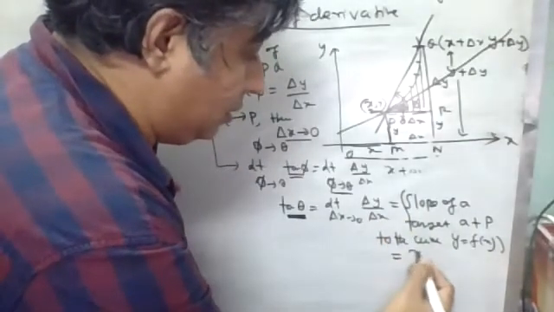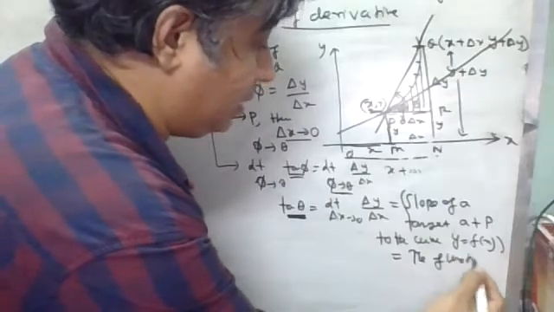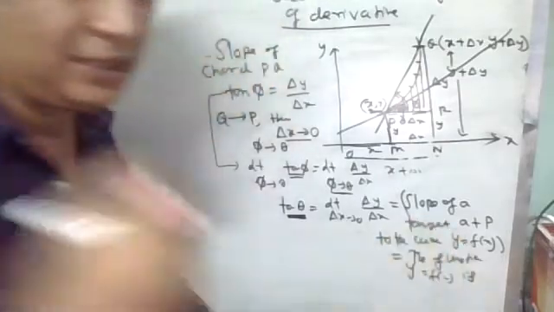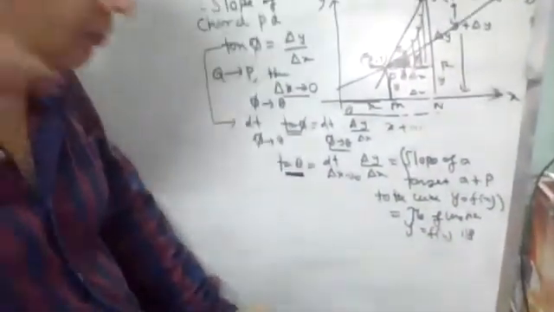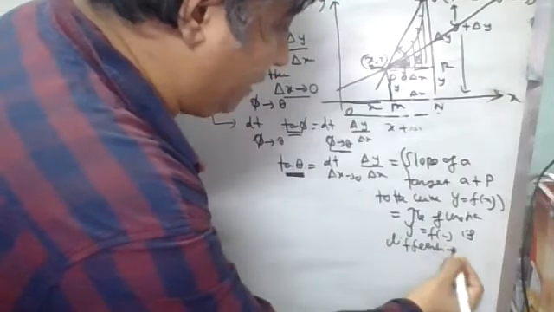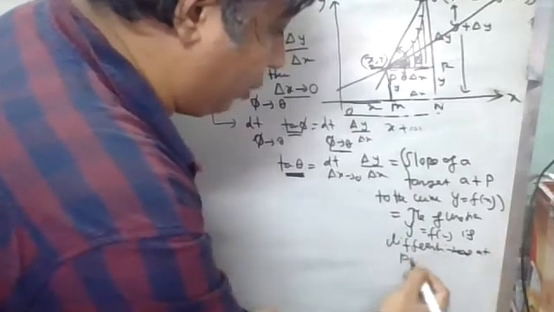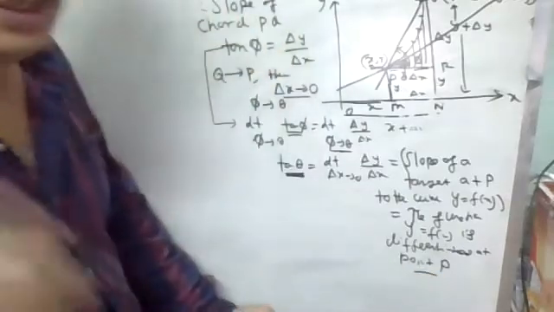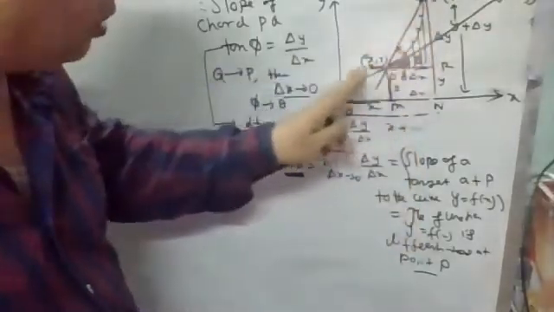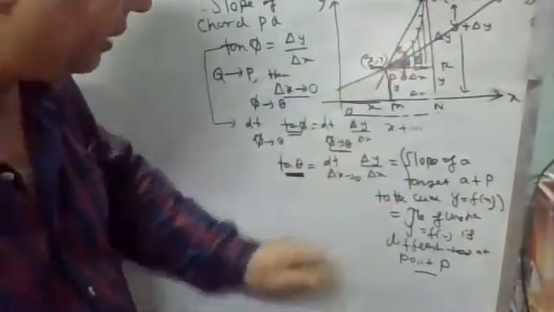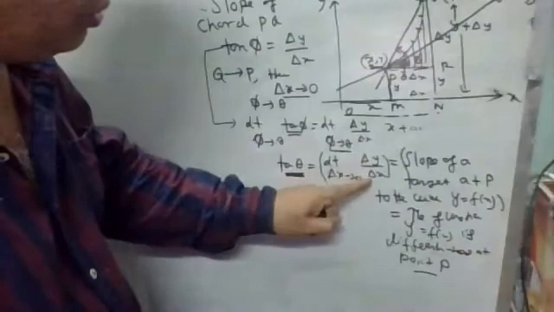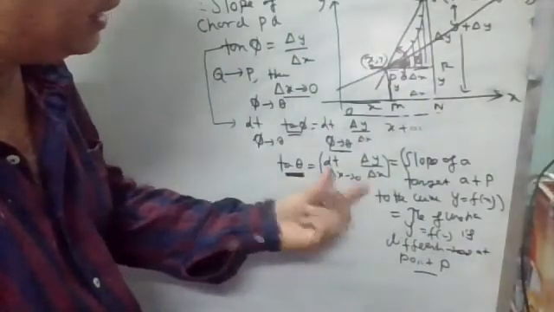It means the function y equals f(x) is differentiated at point P. If the curve y equals f(x) is differentiated at point P, then I will get this result, the increment of y with respect to the increment of x, where the increment of x tends to 0.